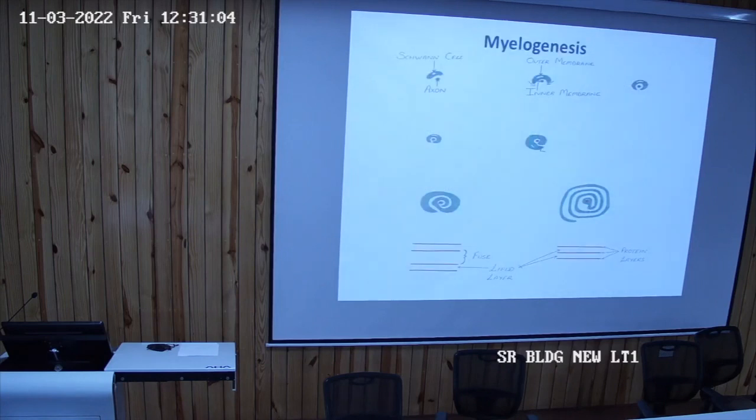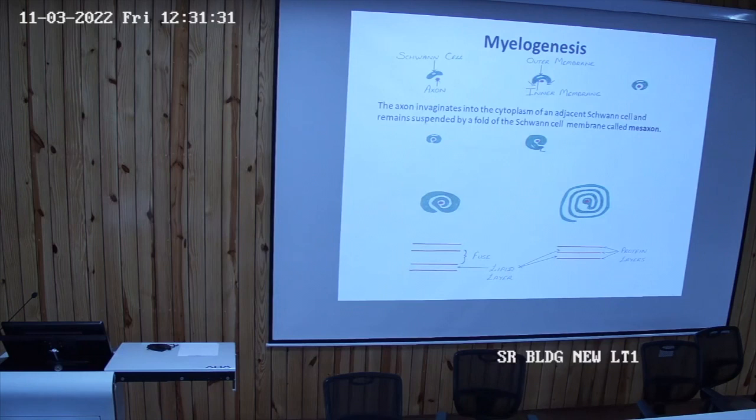So what is the process of myelinogenesis? How does the myelin sheath form? You know that it is formed by the Schwann cells in the peripheral nervous system. Taking the Schwann cells in the peripheral nervous system, this is the axon here and this is the Schwann cell.